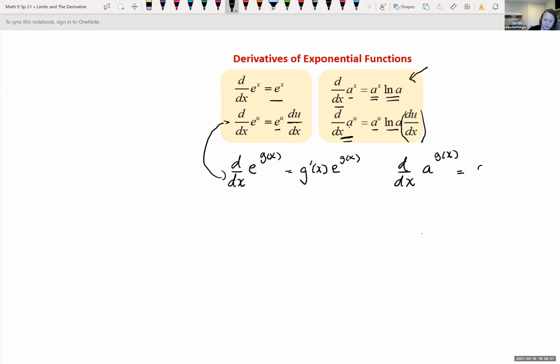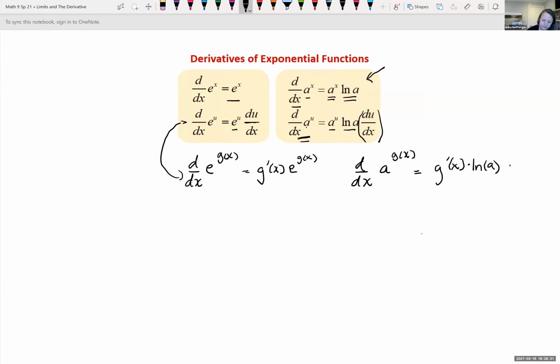This was equal to the derivative of the exponent, g prime of x, times the natural log of the base, a, times the original function itself, a to the g of x. But again, it's equivalent, just written a little differently.